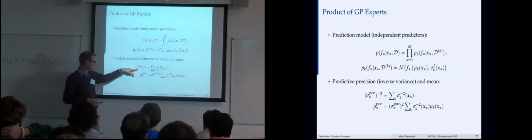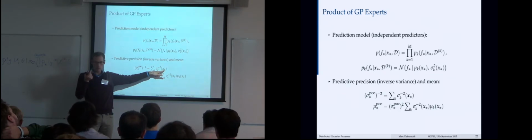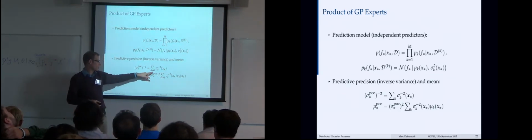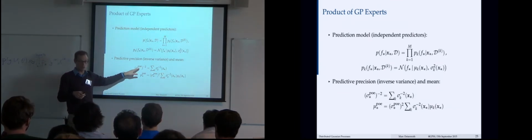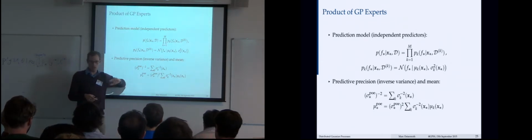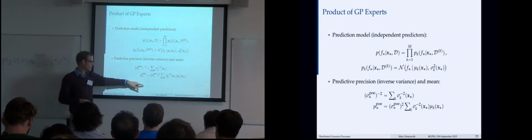The precision is just the sum of the individual precisions. Remember, the precision is the inverse variance. So we just sum up the inverse variances from each expert, and we get the inverse variance of the overall model. That's easy. You just need to sum these things up, which is linear in the number of experts.